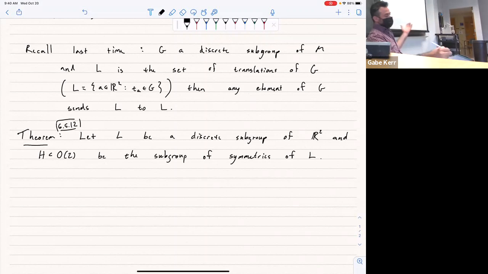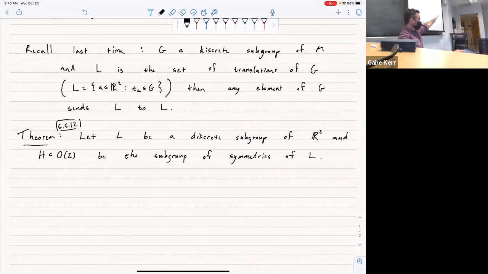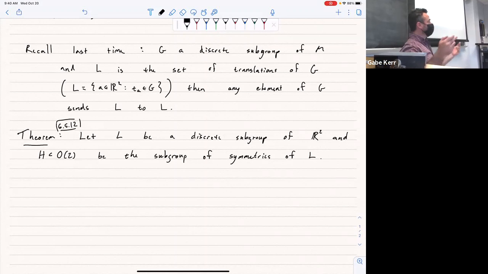So in other words, this is the set of orthogonal transformations of the plane that will take L to L. Is that clear? So if I just took, for example, the integers inside the real line, someone can tell me what this H would be.